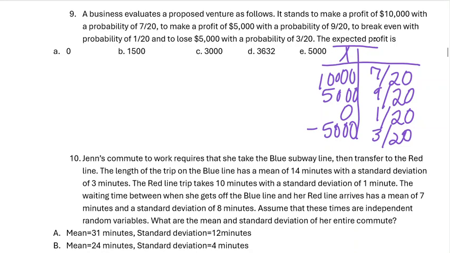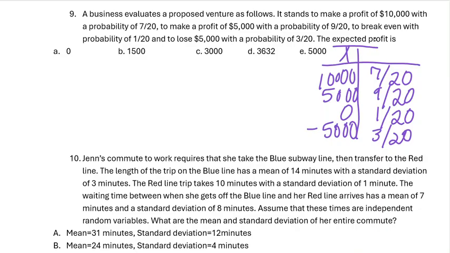So if we do this probability distribution to find the expected value, expected means mean. So stat edit, type in the outcomes in L1. So 10,000, 5,000, 0, and -5,000.